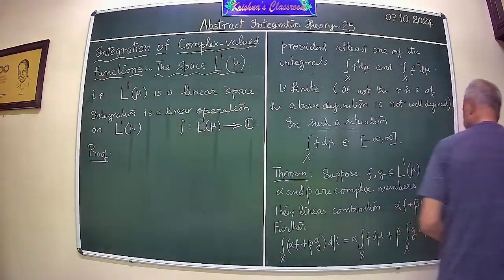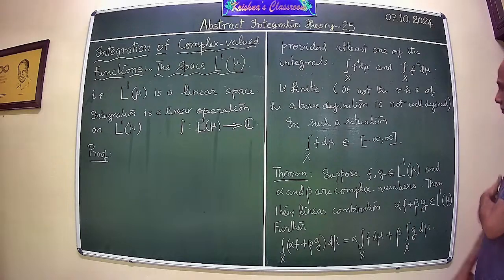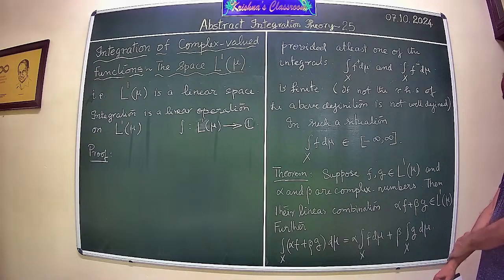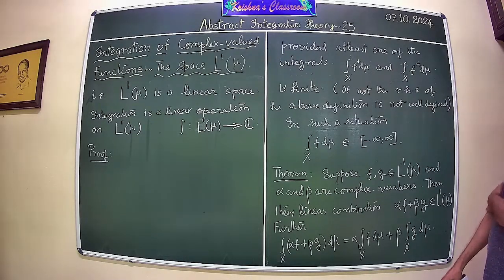First of all, we have already seen this, that if f and g are both measurable and real, and alpha, beta real, then alpha f plus beta g is measurable.